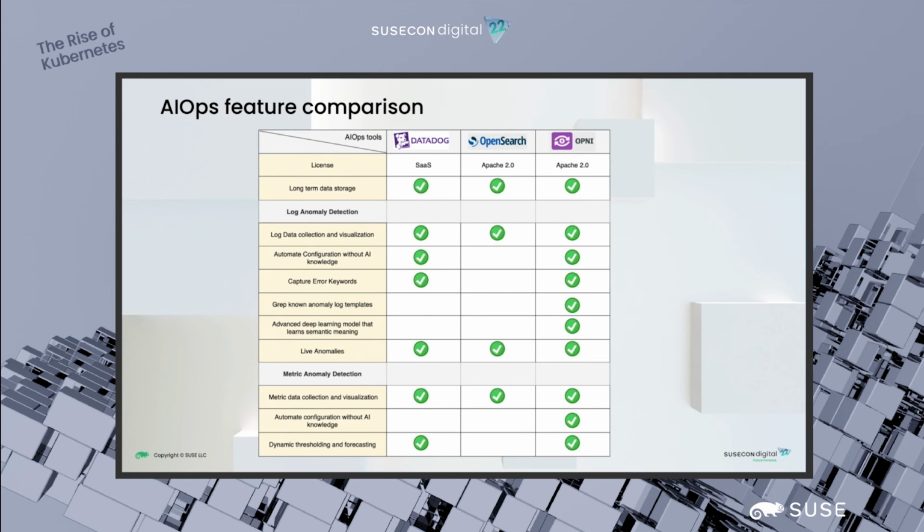Next, I'd like to do a quick feature comparison between the AI Ops tools of Opni, Datadog and OpenSearch. Compared to Datadog AI Ops, which is a SaaS tool, Opni AI Ops is open sourced and has more advanced log anomaly detection models to detect complex anomalous logs.